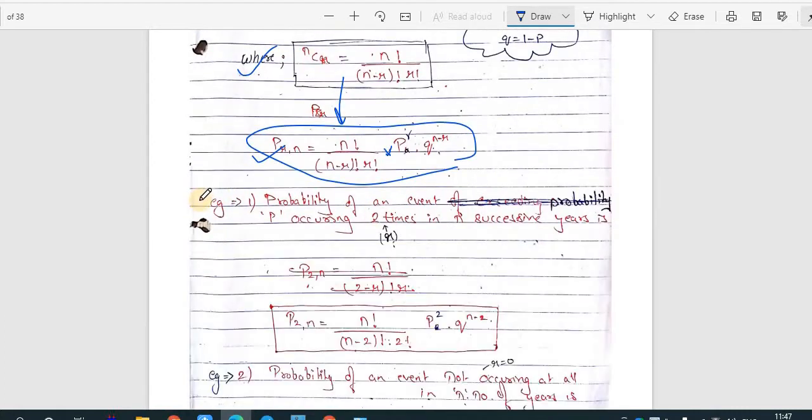After that, suppose the probability of an event occurring 2 times: the formula changes, r becomes 2, so P(2,n) becomes n! divided by (n minus 2)! 2! into p to the power 2 into q to the power n minus 2.